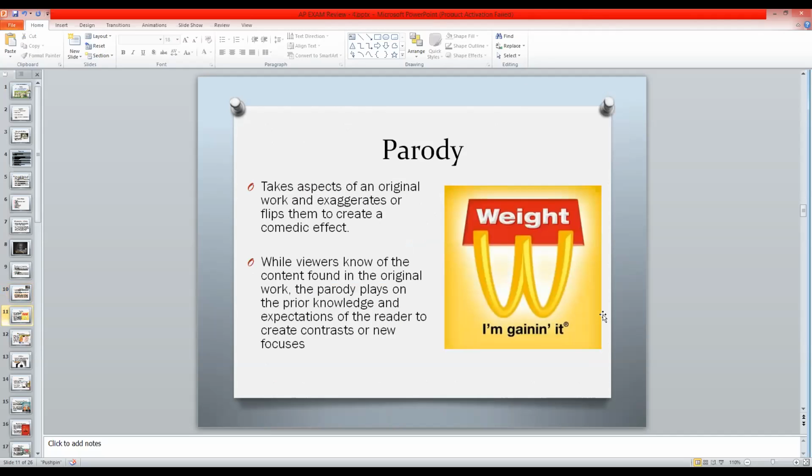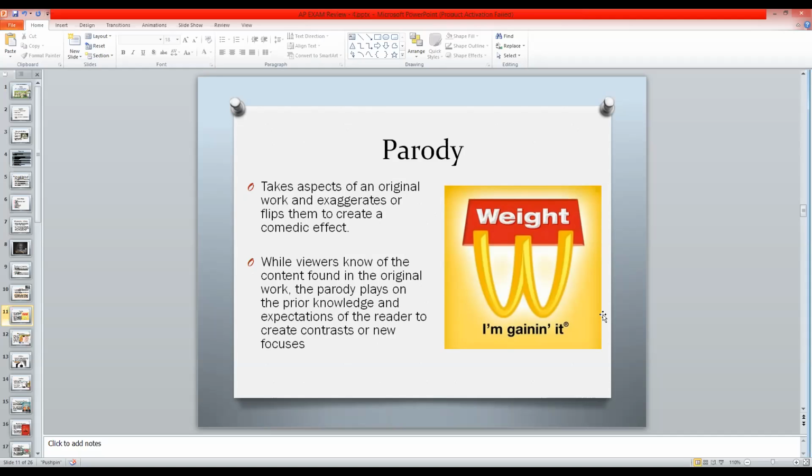We also have parodies where we take original aspects and works and exaggerate them, flip them to create a comedic effect. So in this case, we take what we all basically have as common knowledge. Whack Arnold's is a good one from a class that we saw, the one that basically exaggerates how fast food franchises ruin usually disenfranchised communities, people who are in poor areas.